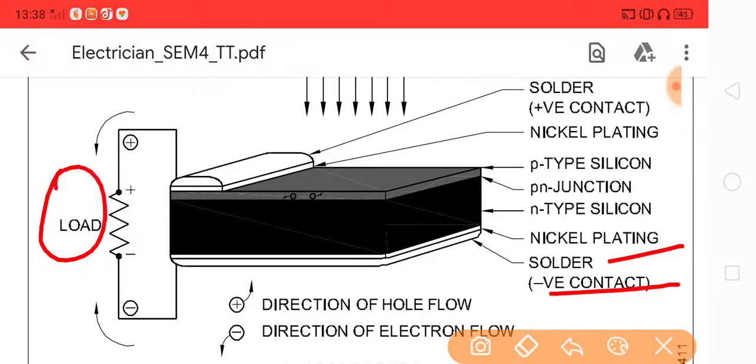And this is the load, with the direction of hole flow and the direction of electron flow.